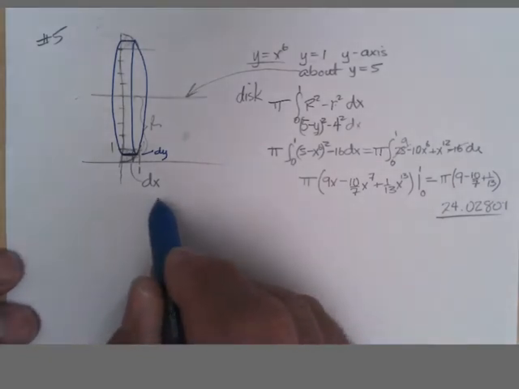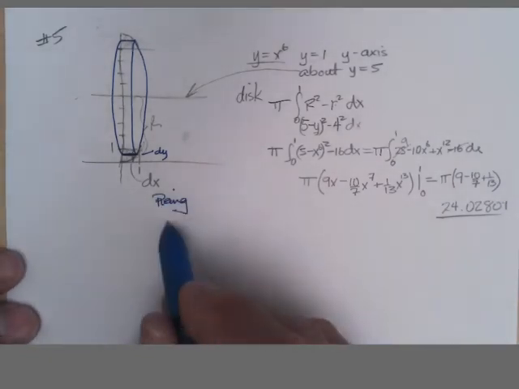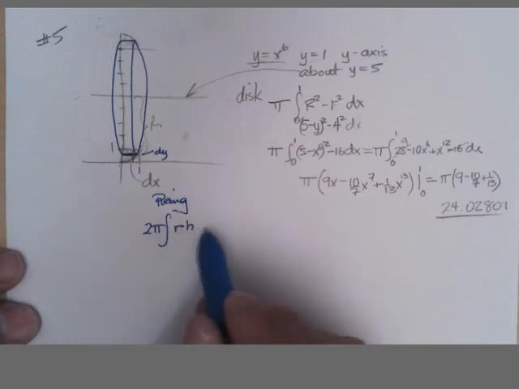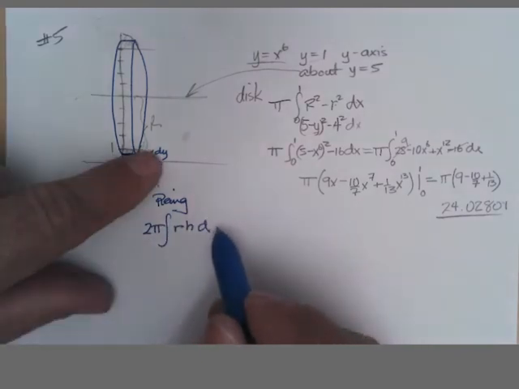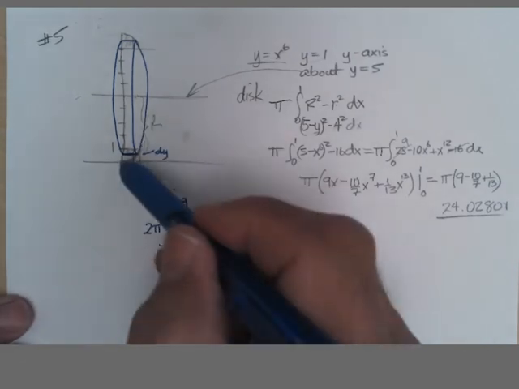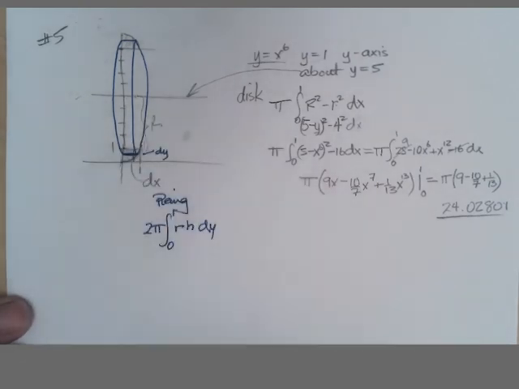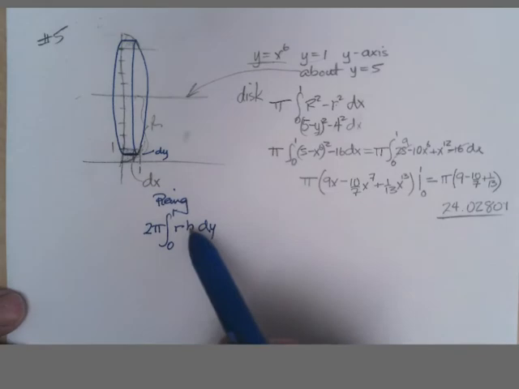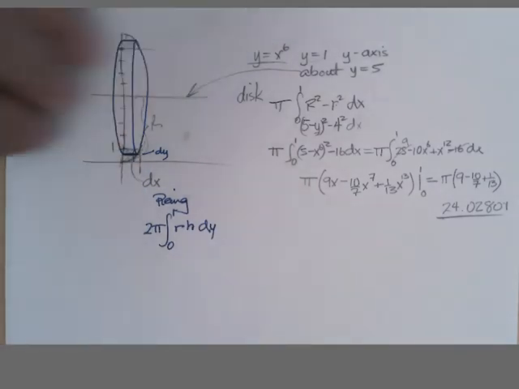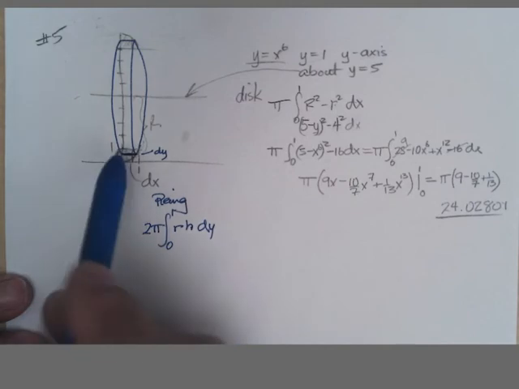And the ring method would be the integral of 2 pi r h dy. And y is going to go from 0 to 1. Now, the height is this, because I'm thinking about this sideways here, how long the piece of pipe is.